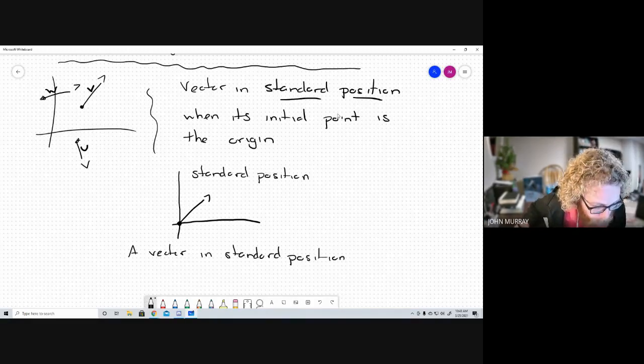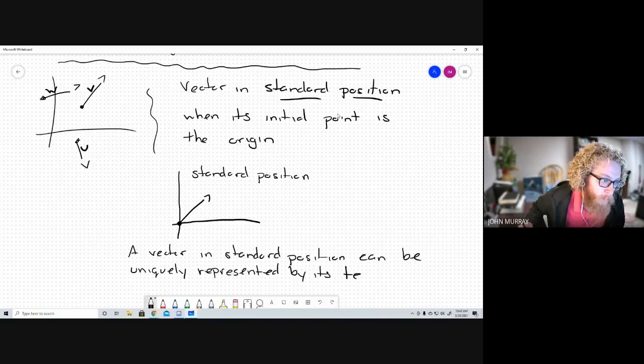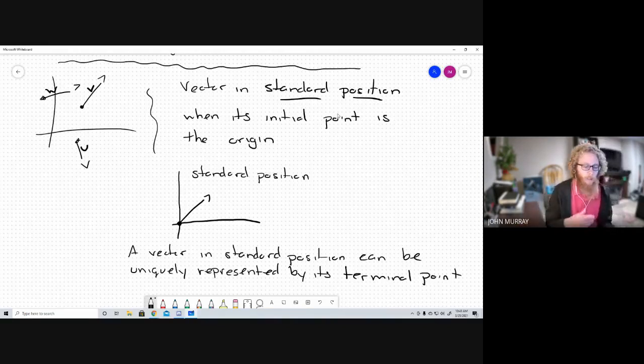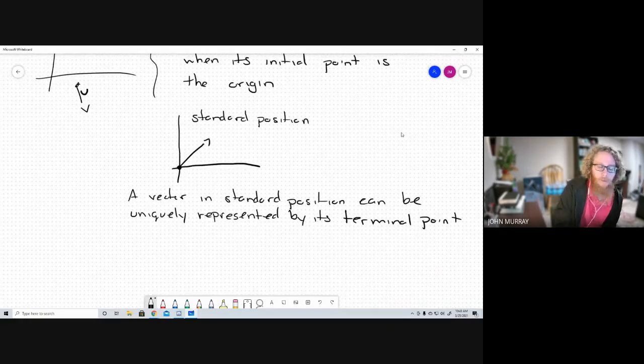With a vector in standard position, like I said, all we have to worry about is its terminal point. And when we're comparing two or more vectors, if they have the same terminal point, then that's automatically telling you that they're equivalent, right?